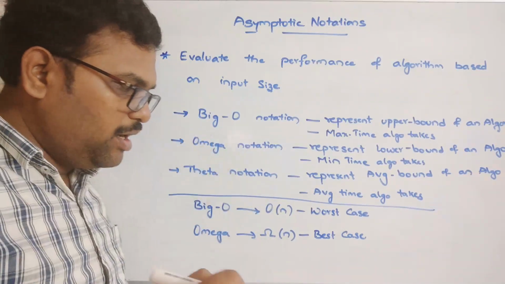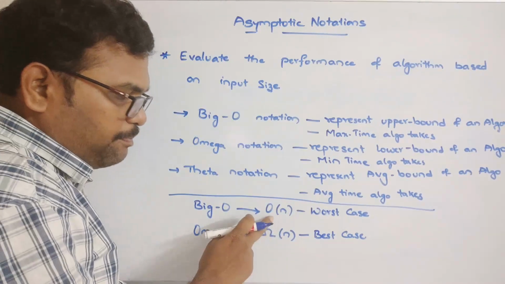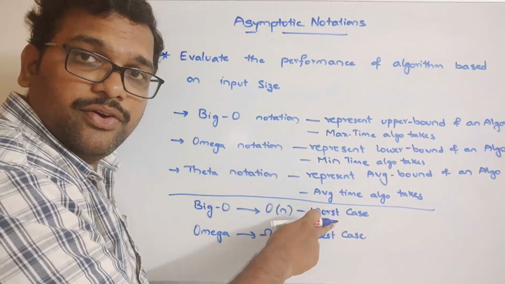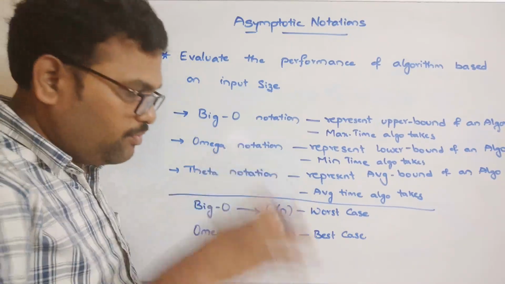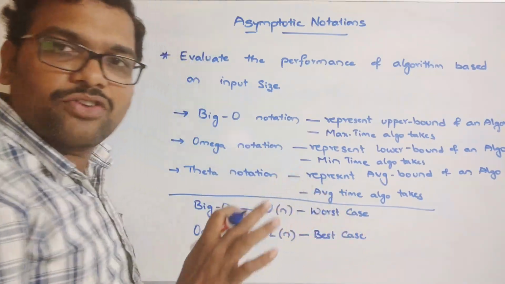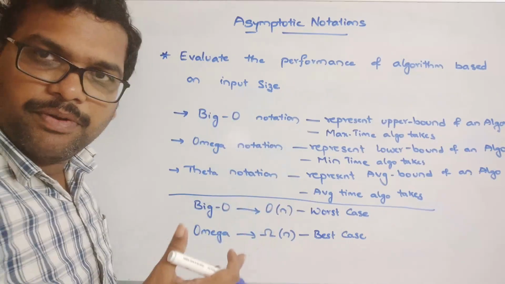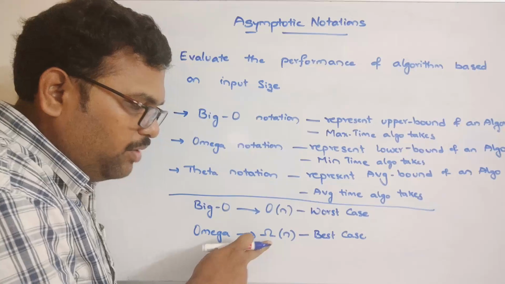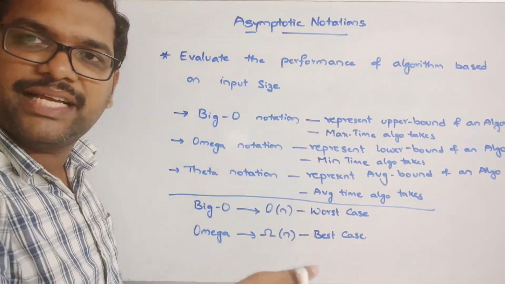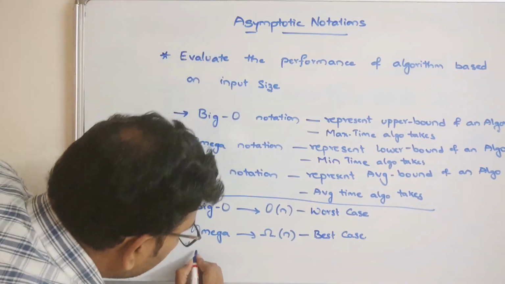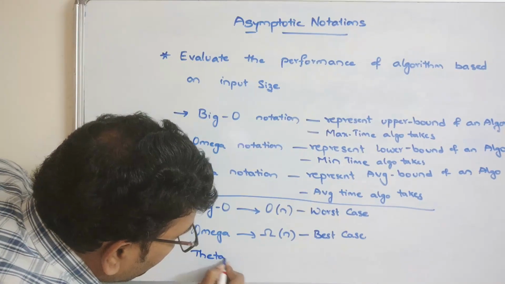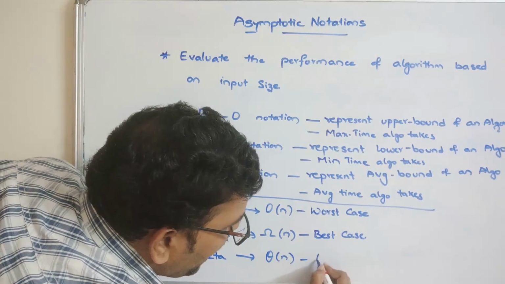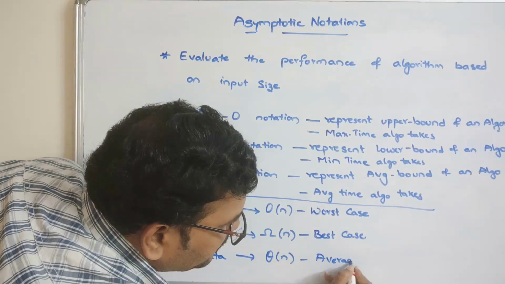Observe, big O of n will be the worst case, the maximum the algorithm can take. We are always calculating the worst case complexity. And omega of n will be the best case time complexity. And similarly theta is represented as theta of n, which is the average case time complexity.